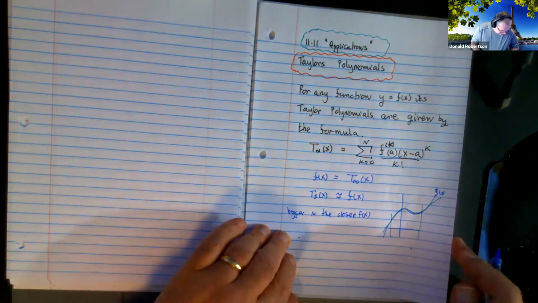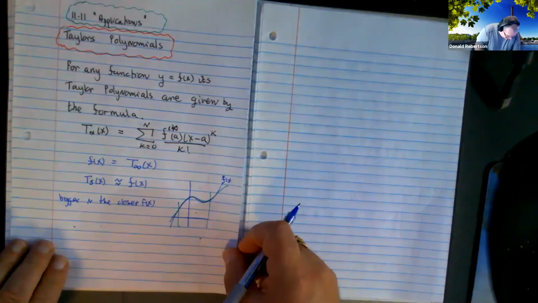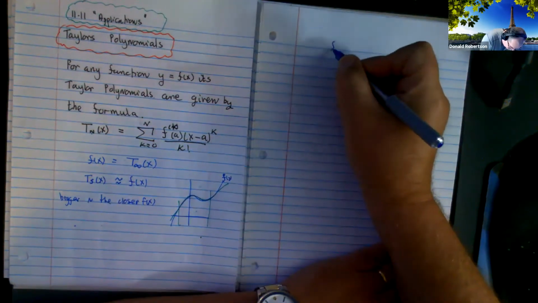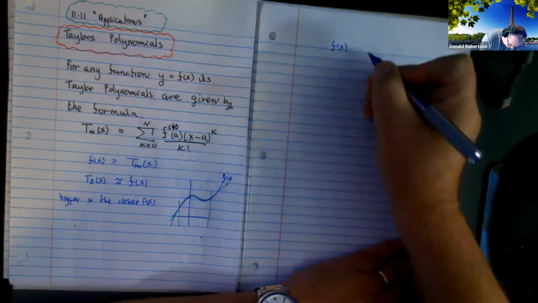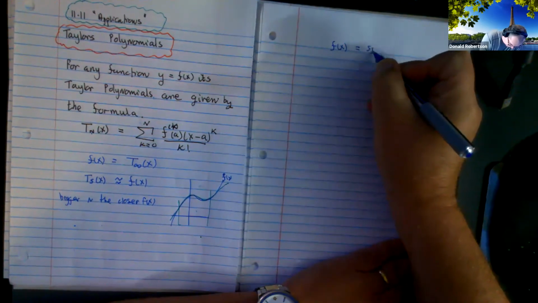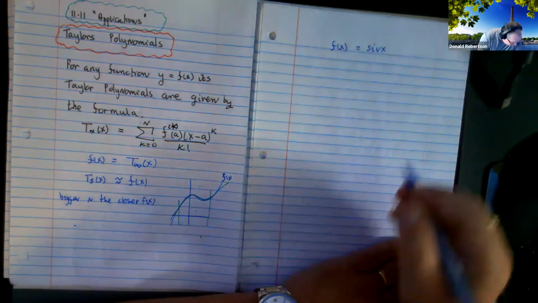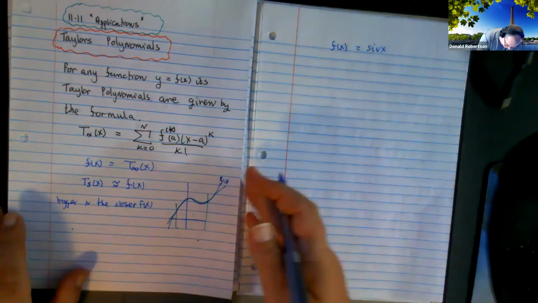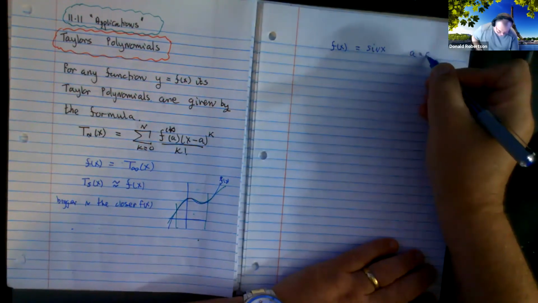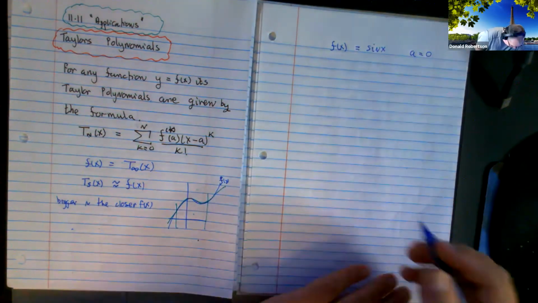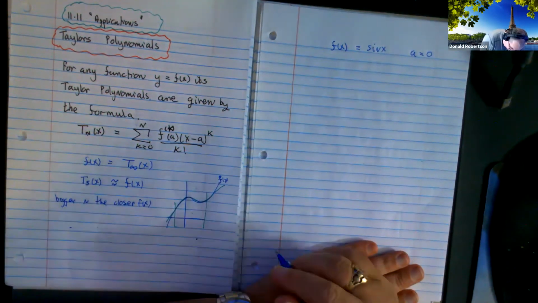So let's put that into practice. I'm going to pick a very simple function, f of x, sine x, and we are going to center it at 0. And let's find some Taylor polynomials.